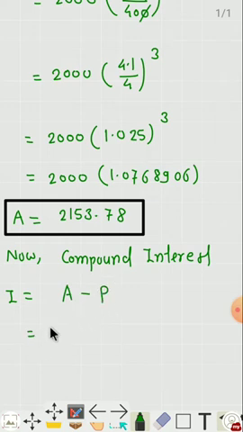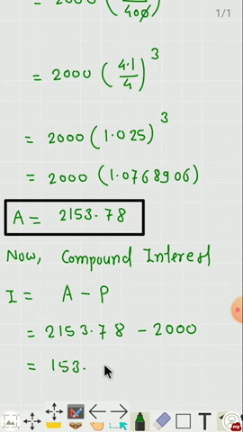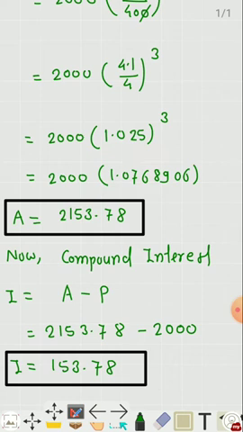Total amount is 2153.78 minus principal, which is 2000 rupees. So it is equal to 153.78. This is the compound interest which we get after 9 months. So this is the end of this question.